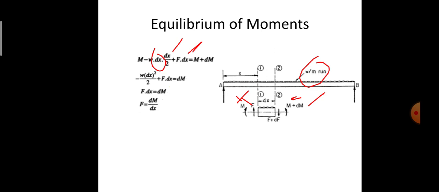In other words, the rate of change of bending moment is equal to the shear force, and the rate of change of shear force is equal to the load acting at the given section.